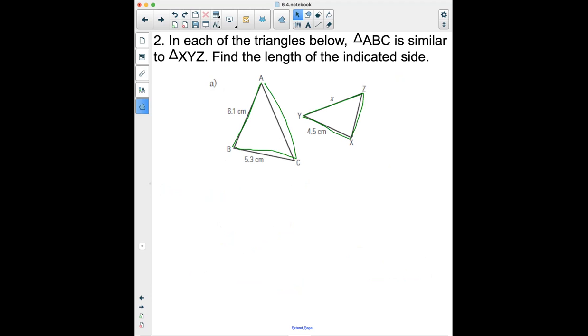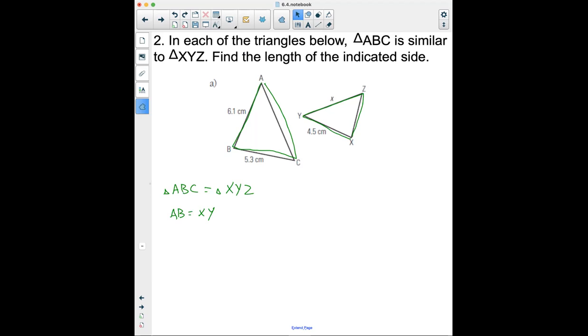So triangle ABC equals triangle XYZ because they're similar. Therefore, side AB is going to equal side XY.